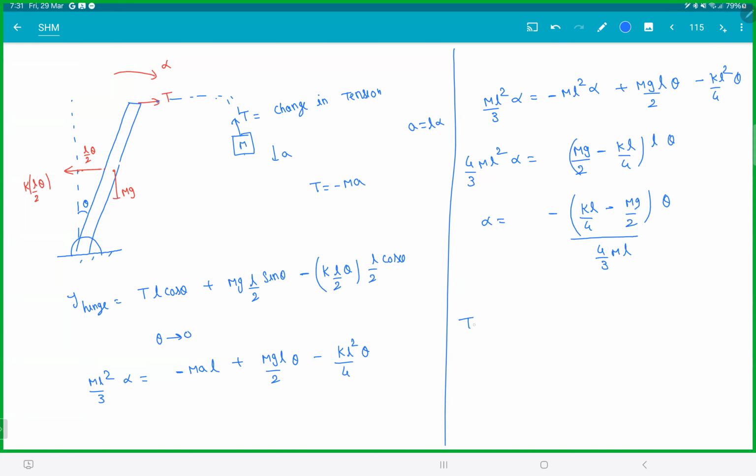There, that's your omega square. You can simplify it further.